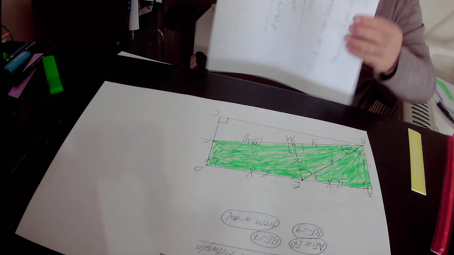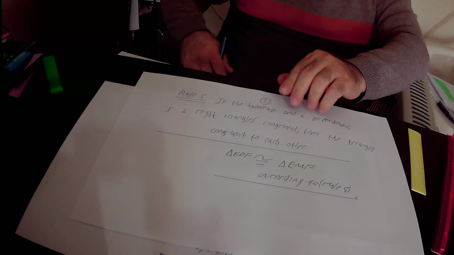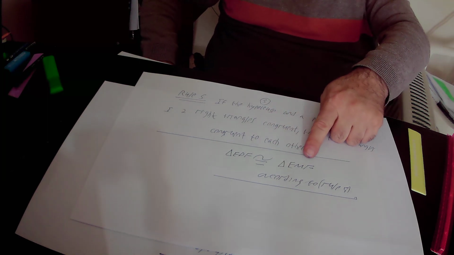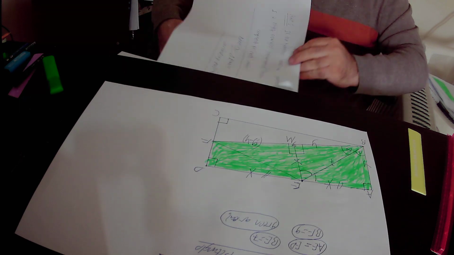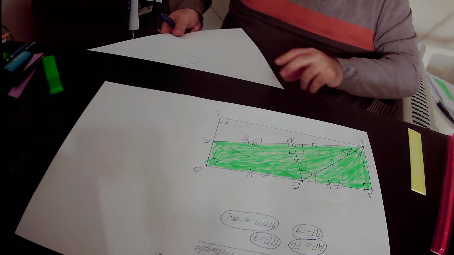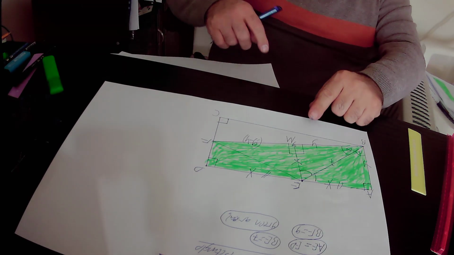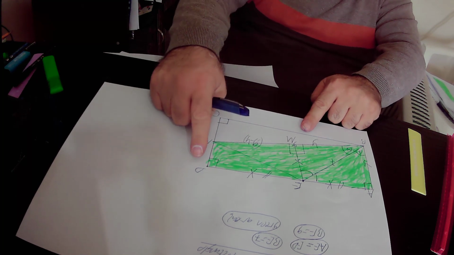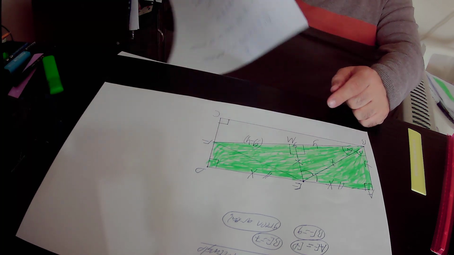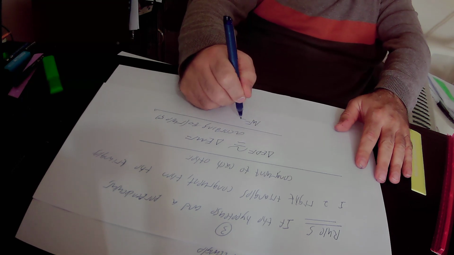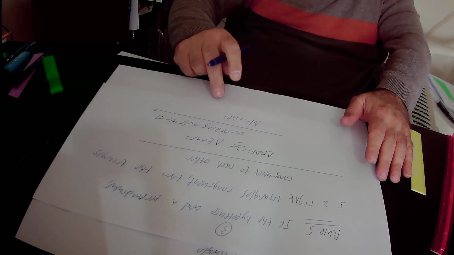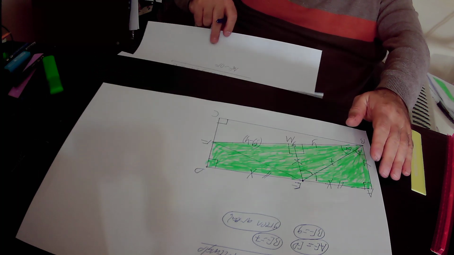I'll repeat again. We proved that the right triangle EDF is congruent to the right triangle EMF according to rule number 5. And from the fact that those two triangles are congruent, we conclude that MF equals DF, according to the rule that corresponding sides in congruent triangles are equal.